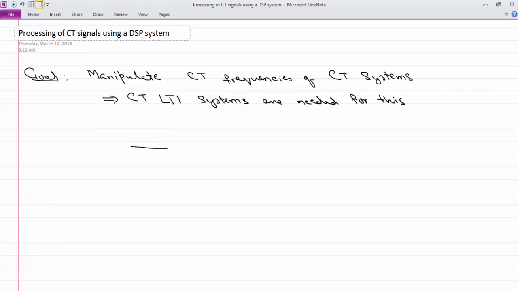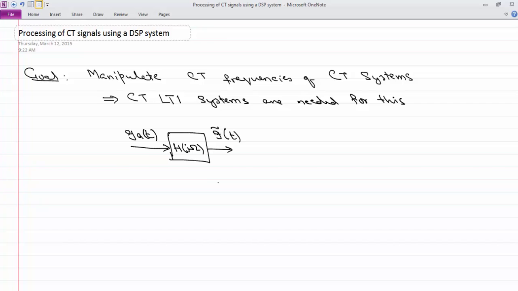So you have a signal g_a(t). Someone says, I want you to get rid of frequencies between, let's say, 10 kilohertz and 15 kilohertz. So you pass it through a continuous time filter with frequency response H_a(jΩ). You get back g tilde of t.